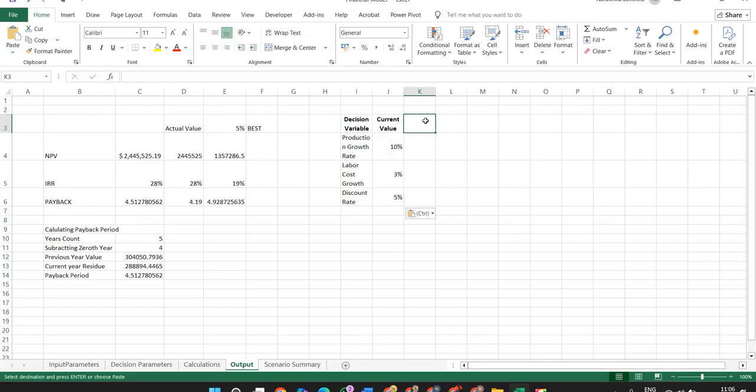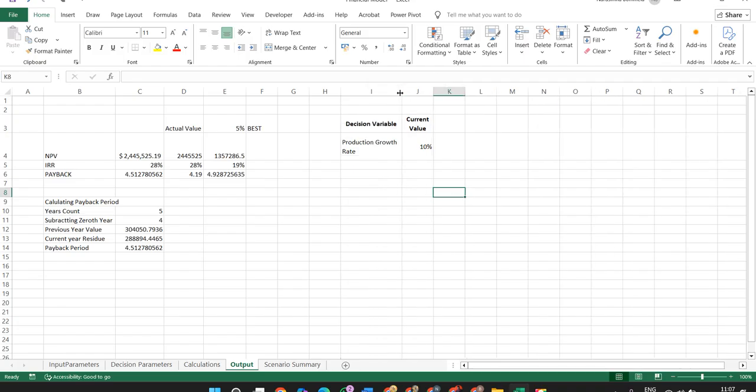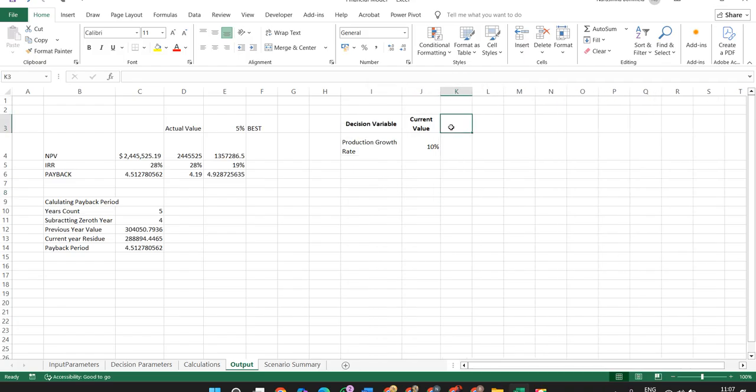What is the NPV value when we have these three values, and what is the NPV value when we change these values, how they are impacting, that we should calculate. Let me take production growth rate first. When the production growth rate is 10, how do the NPV, IRR and payback change?